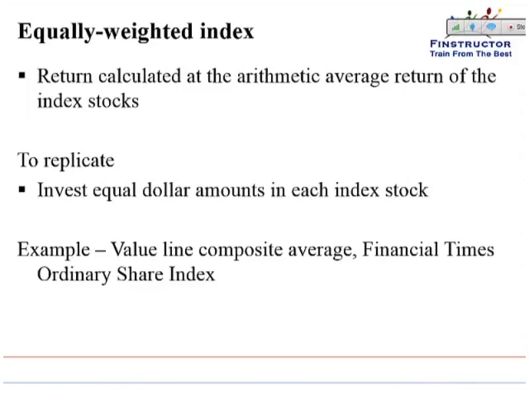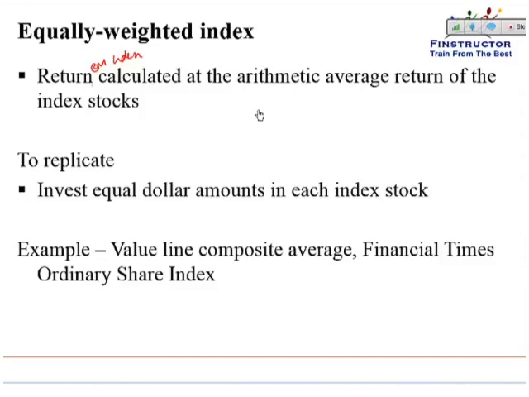The last weighting mechanism that we will study is referred to as an equally weighted index. So in an equally weighted index, the return on the index is calculated as the arithmetic average of the return on the individual stocks.